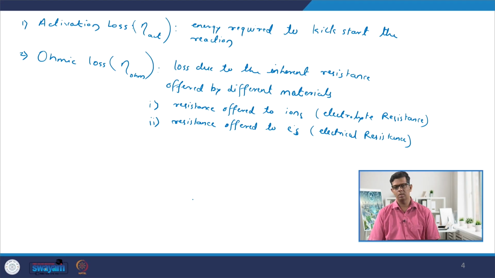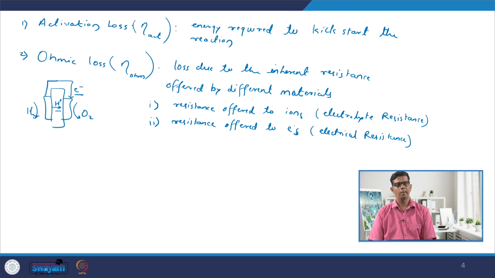In a hydrogen oxygen fuel cell, let us say we have a polymer based fuel cell. So, this is hydrogen and this is your H plus, and these are the electrons that flow through the external circuit. So, these are our charge species, H plus and electrons.